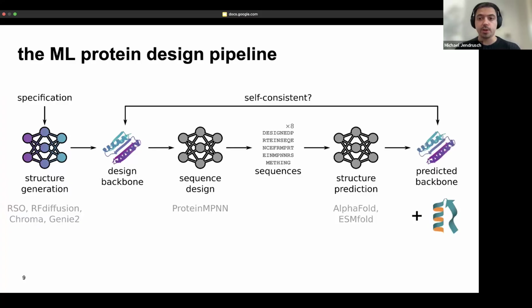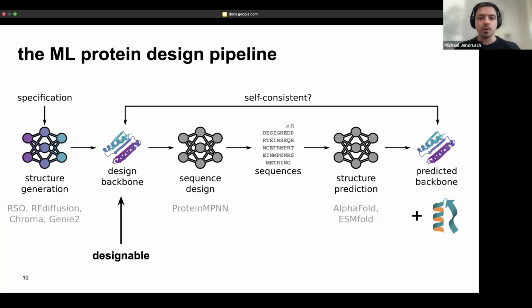And for that, currently, mostly we use AlphaFold or ESMFold, depending on the approach, to predict the structure of each of the sequences we get out of ProteinMPNN, and then compare it with the original design backbone and see, okay, are they self-consistent and are they confidently predicted?